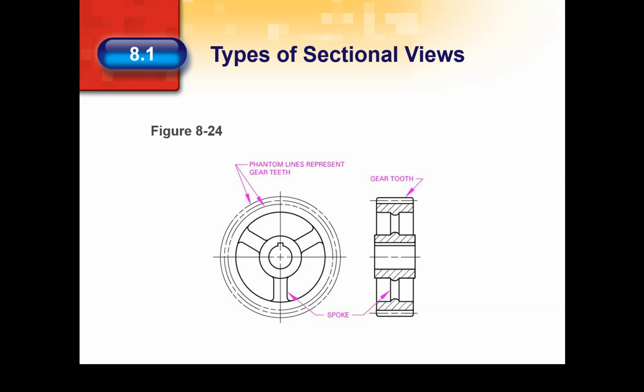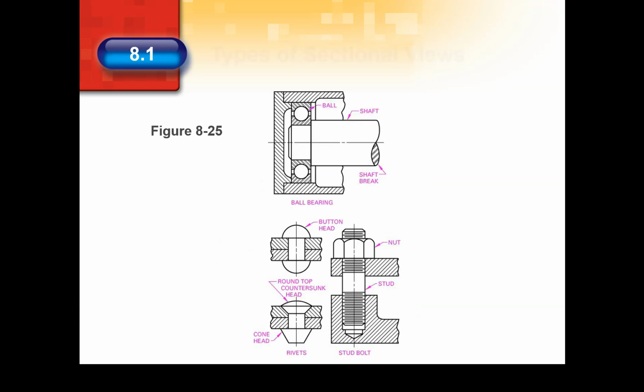Do not draw section lines on spokes and gear teeth when the cutting plane passes through them. Leave them as shown in Figure 824. In addition, do not draw section lines on shafts, bolts, pins, rivets, or similar items when the cutting plane passes through them lengthwise, through the axis, as in Figure 825.